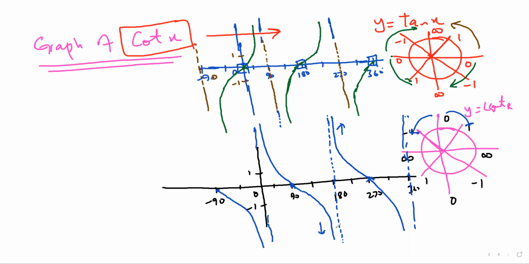Like it is going upward, here it is going to go downward. So if I have -180 here, I can have one more asymptote here so that I can complete this. This looks nicer now. So this is your cotangent x graph. If you're really good at your sine, cosine, and tan, then you can easily plot these graphs for cosecant, secant, and cotangent.